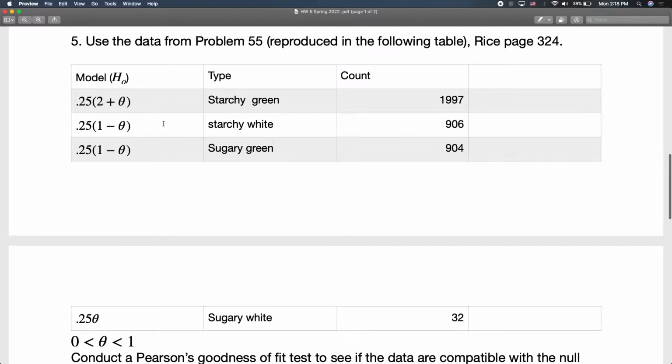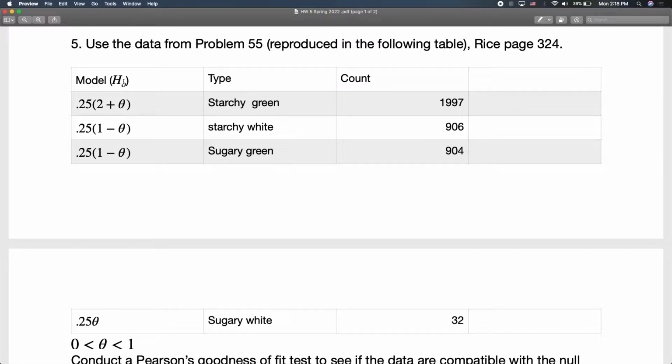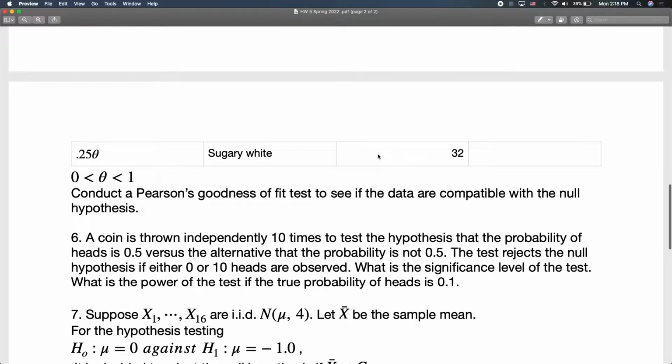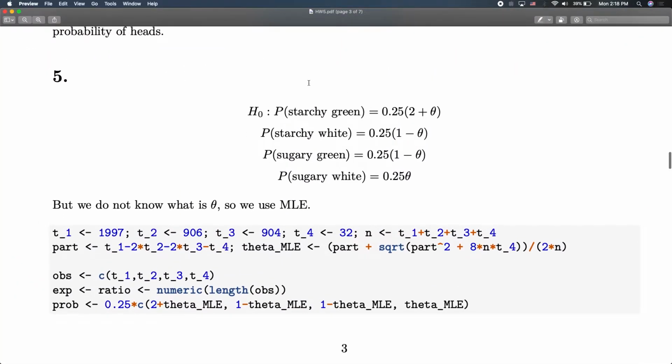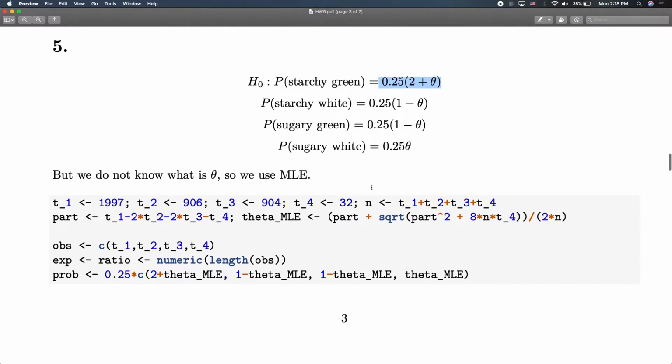Question 5. So 4 different categories, their corresponding probability and the occurrence. Pearson goodness of fit test to see if the data is compatible with the null hypothesis. So then our null will be like this, the probability for each of the category and their corresponding probability.